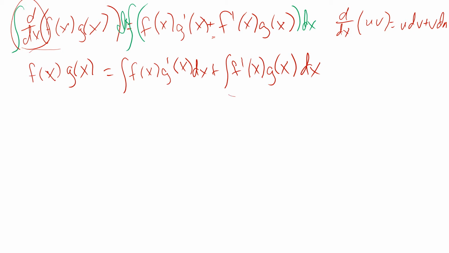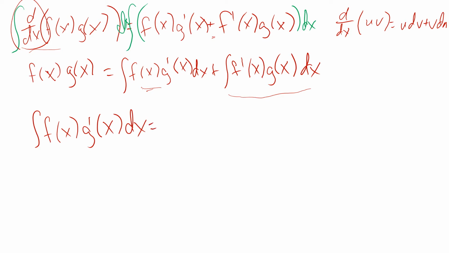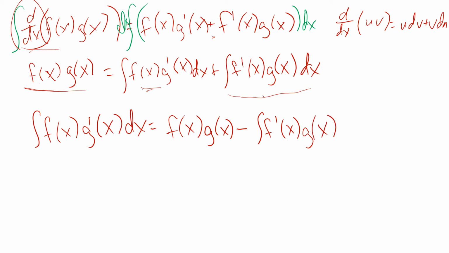All right, we're going to solve a little bit more. We'll take one of these integrals and subtract it over to the other side, which leaves this one: the integral of f of x, g prime of x, dx equals the original product, f of x, g of x, minus this other integral, the integral of f prime of x, g of x, dx.